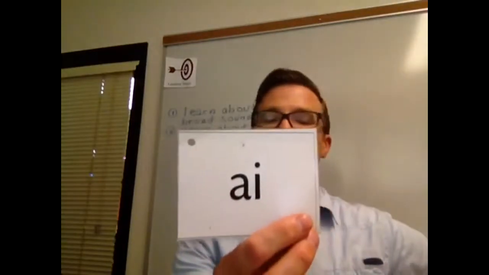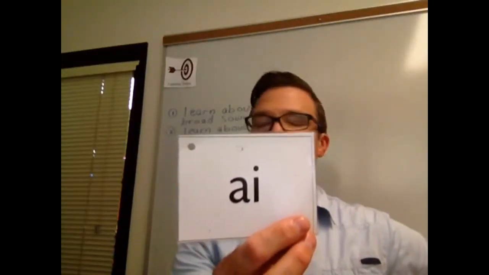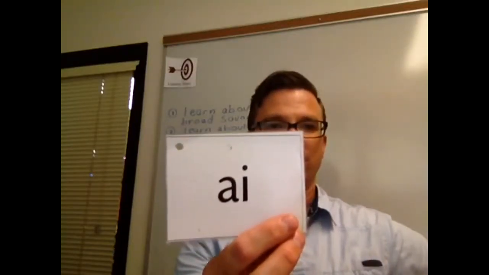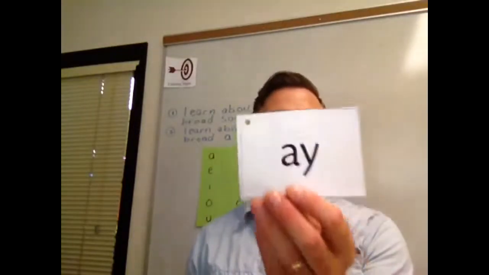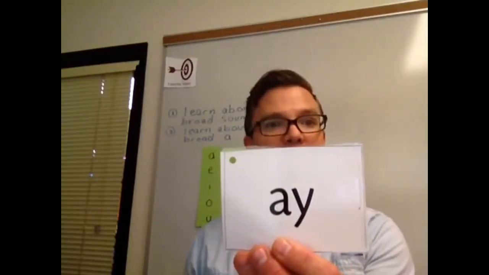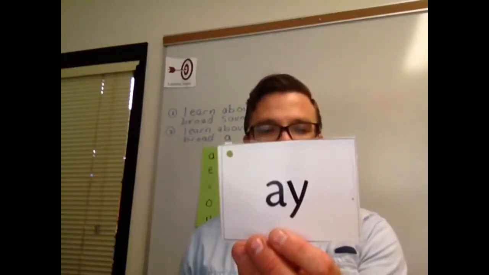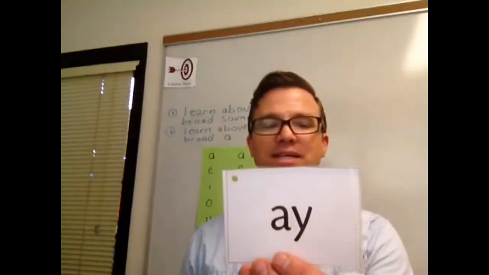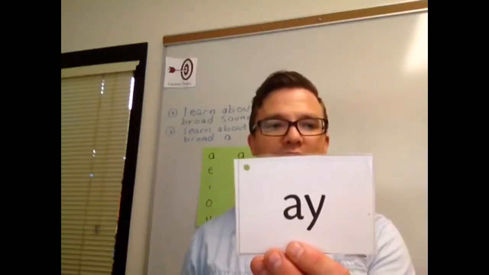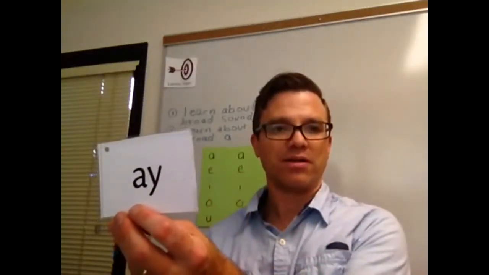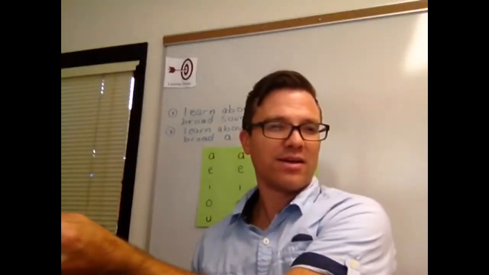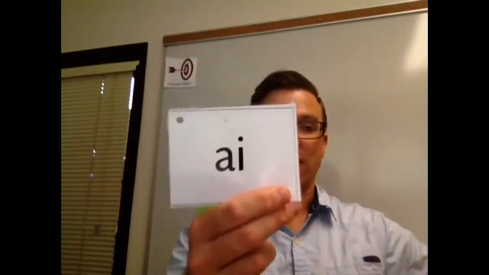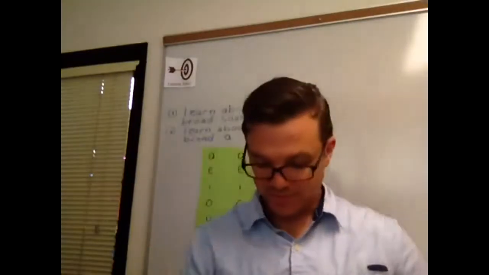So everyone say two-letter A that may not be used at the end of English words. Now say two-letter A that may be used at the end of English words. Now let's be clear. Just because this can be used at the end of words does not mean it will never be in the middle or at the beginning. But what's clear is this one can never, ever, ever be at the end.